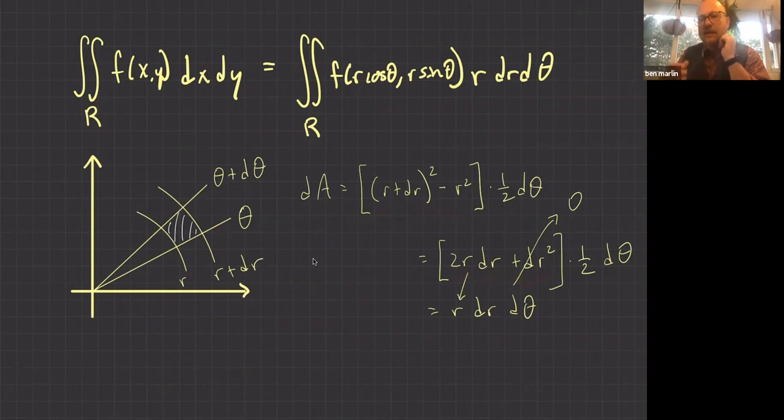Now, this is one of the little weirdnesses of calculus. With that dr squared, since dr is approaching 0, we think about that as a higher order term. It goes to 0 faster than dr alone would. So we've got really just 2r dr times this 1/2 d theta, which multiplies out to say r dr d theta.